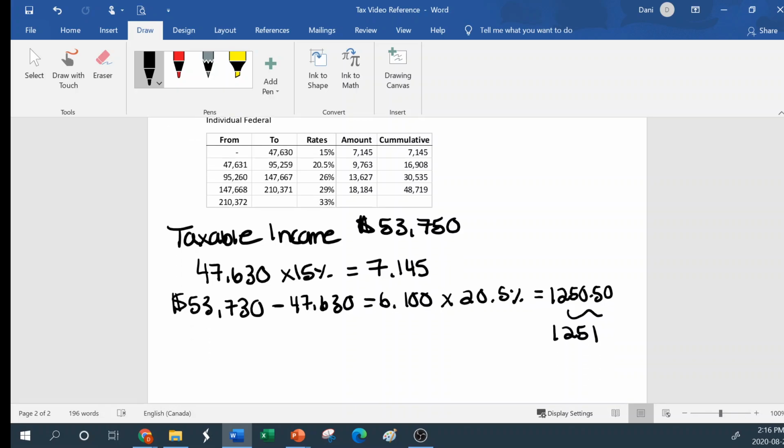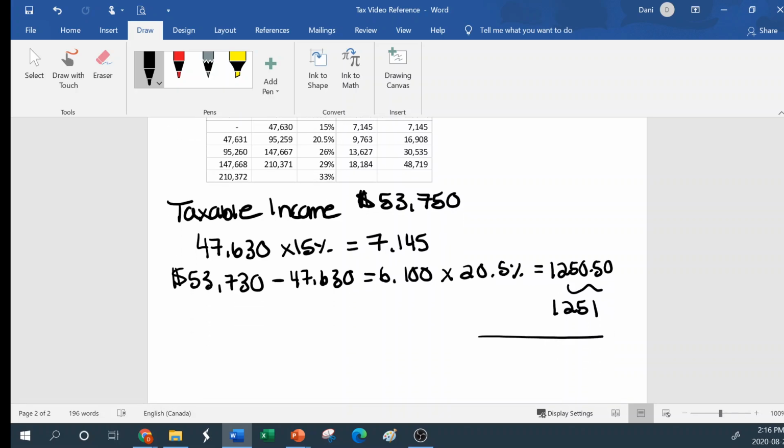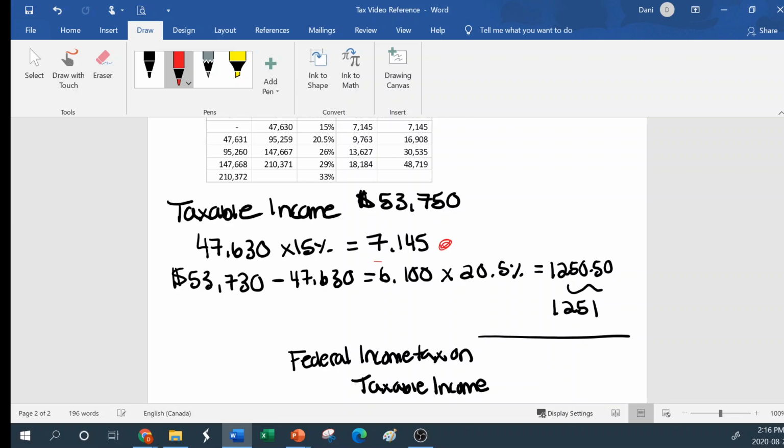So now what happens is I'm just going to add up the total amount of tax that we owe. So we'll say, okay, federal income tax on taxable income. So I'm going to take my $7,145 and I'm going to add it to $1,251. And that is going to give me $8,396.